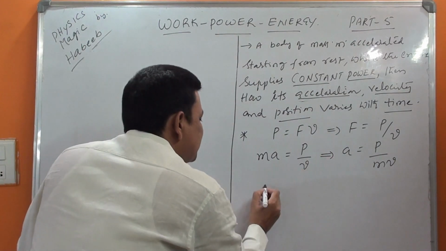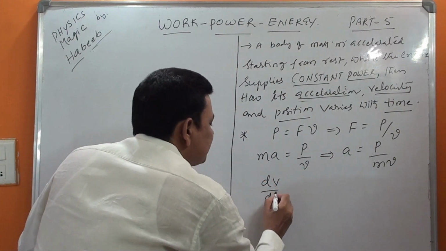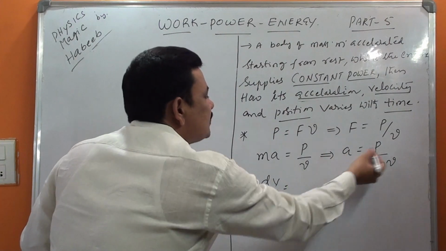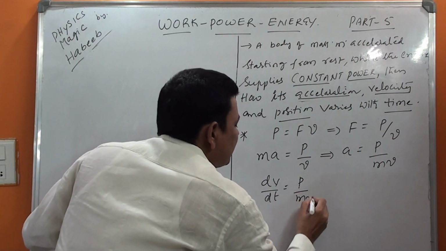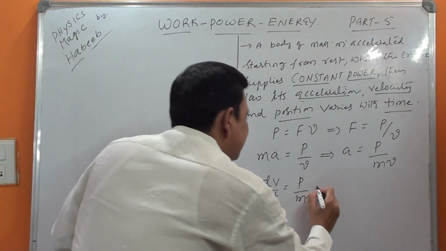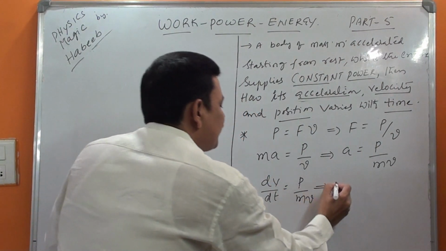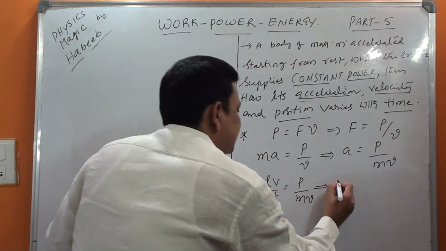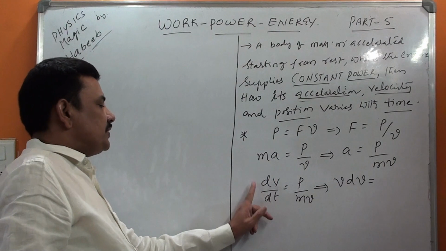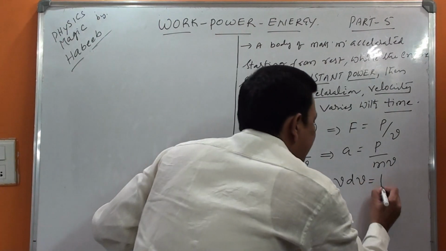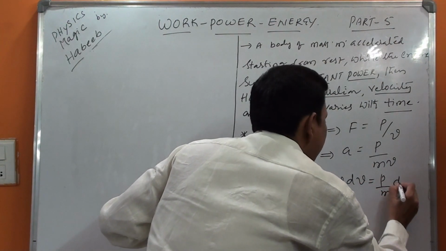Then a is dv by dt, so dv by dt is equal to P by mv. Then rearrange: v you bring to this side, dt you take to the other side. So v dv is equal to P by m dt.